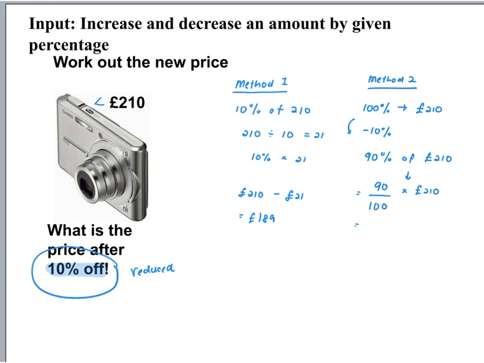Use your calculator, take 90 divided by 100 times by 210, and you would have £189. Whichever method you use, you will end up getting the same answer. Now, it's really up to you to choose method 1 or method 2 to work out your answers.